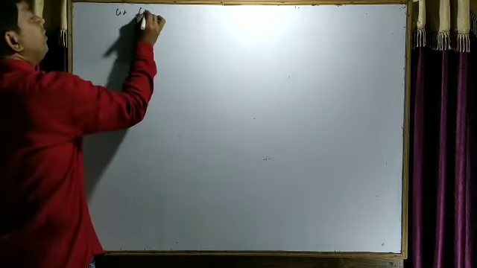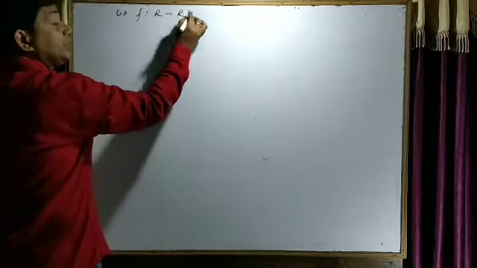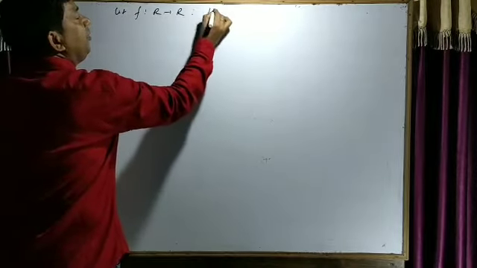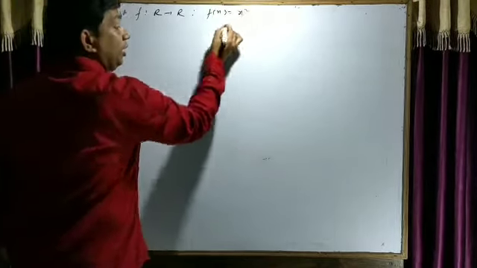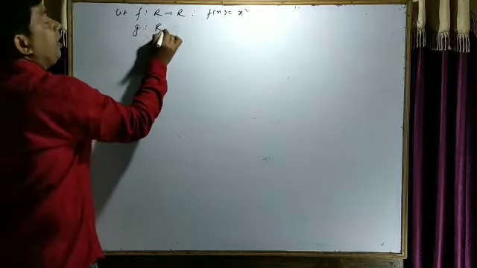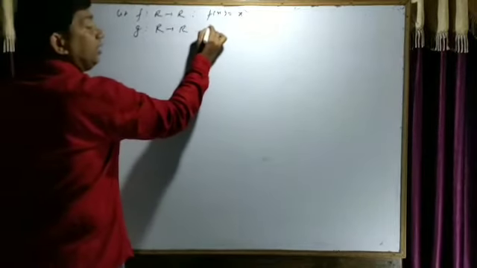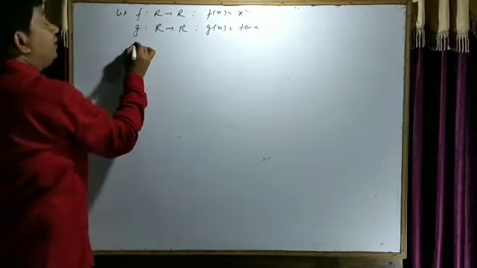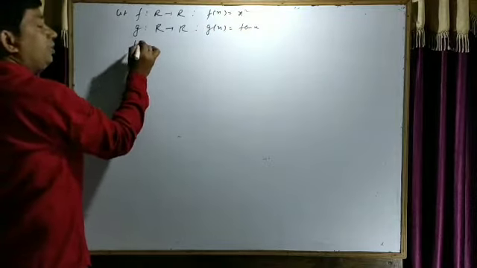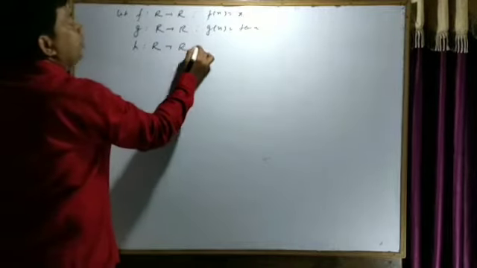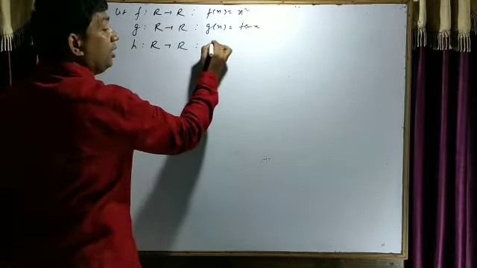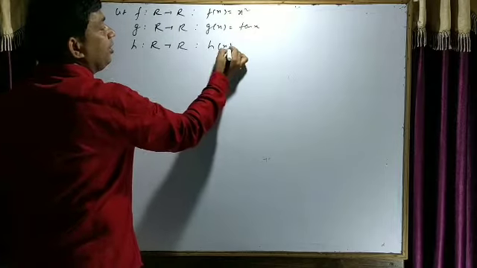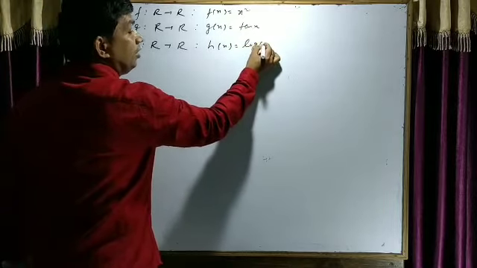Here is one more question. Let f be a function from R to R such that f(x) equals x square. g is a function from R to R such that g(x) equals tan x, and h is a function from R to R such that h(x) is equal to log x.